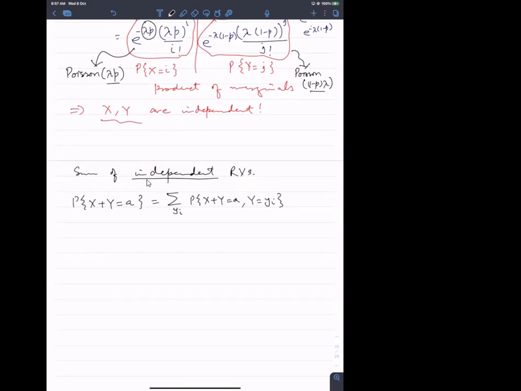So this is simply the law of total probability. ये partitions ही की हैं और कुछ भी नहीं. So this will turn out to be equal to the probability that Y takes the value yi, so that means I can write that X takes the value a minus yi and Y taking a value yi. Convince yourself that this event and this event, these two are exactly the same.